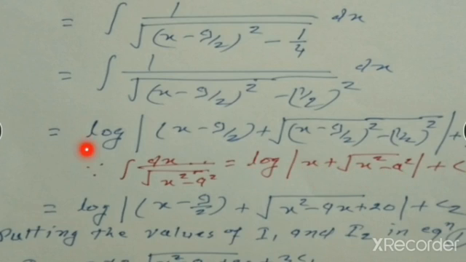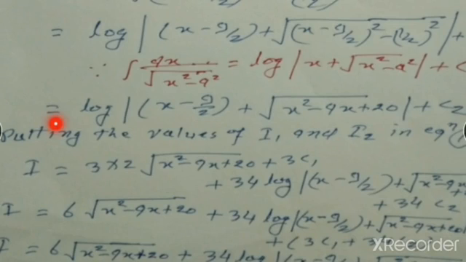After using it, we get log absolute value of x minus 9 by 2 plus under root x minus 9 by 2 whole square minus 1 upon 2 whole square plus constant. After calculation we get log absolute value x minus 9 by 2 plus under root x square minus 9x plus 20 plus another arbitrary constant c2.